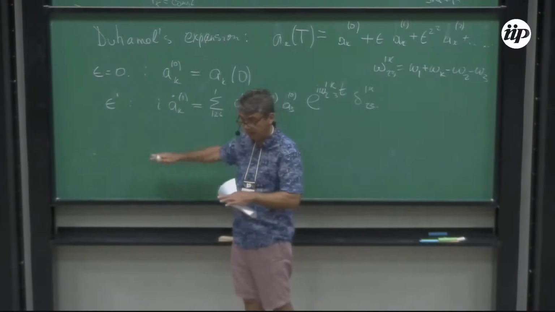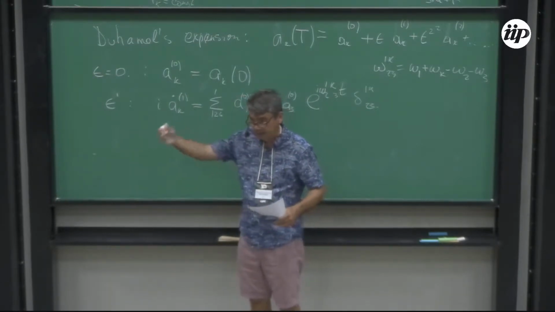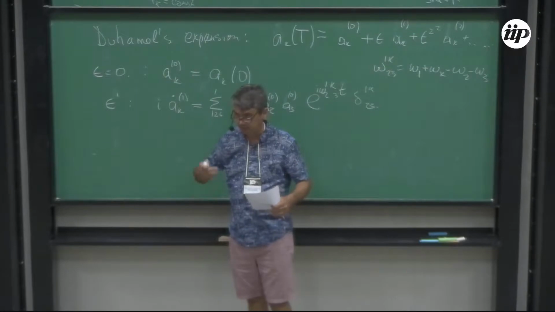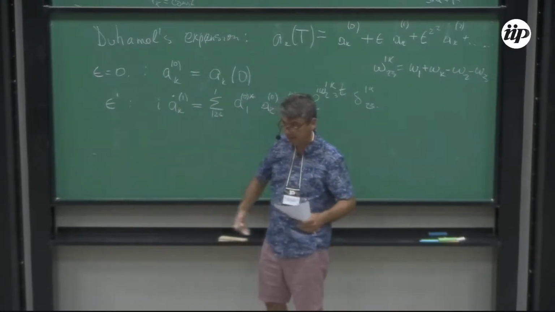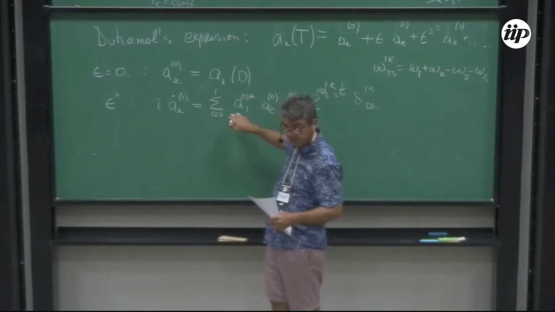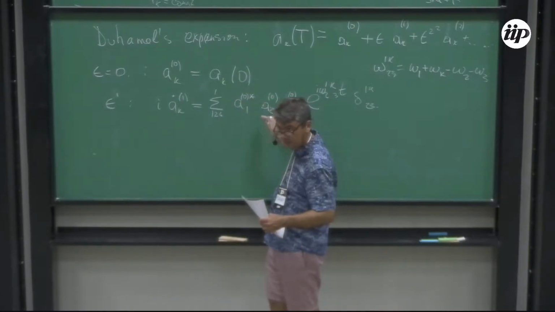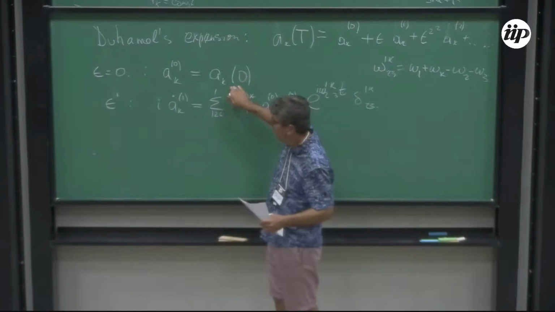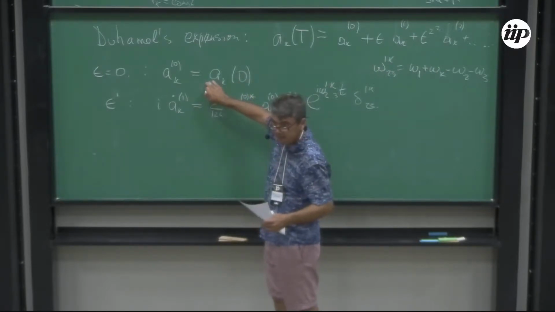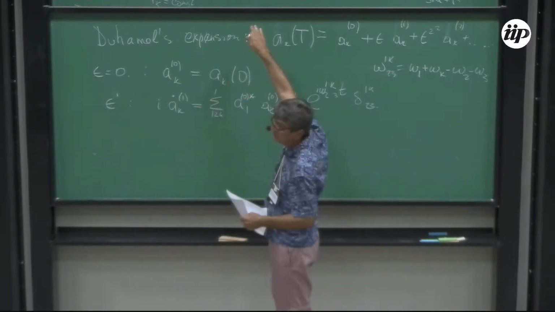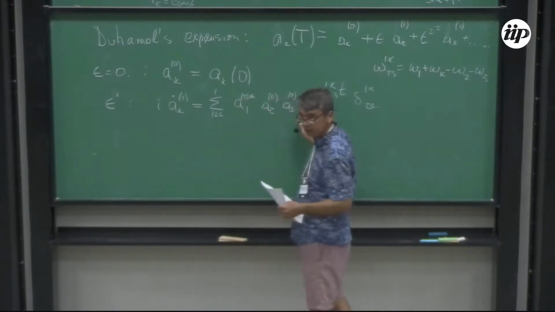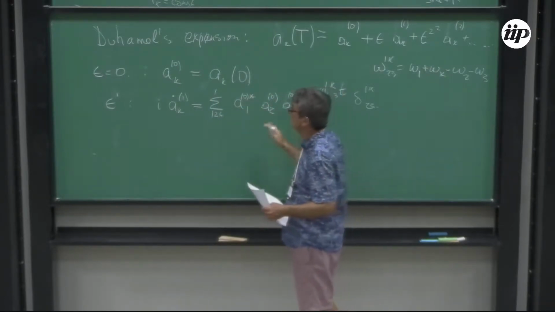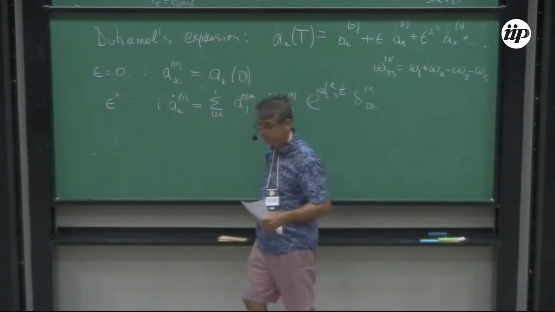So term by term, I recover that. I do it by recursive substitution, right? I do it by plugging better and better approximations back into the equation, right? So this is the first approximation. For the second approximation, I plug that into the equation here on the right-hand side. So I get this term, right? And so I have an equation for A1.